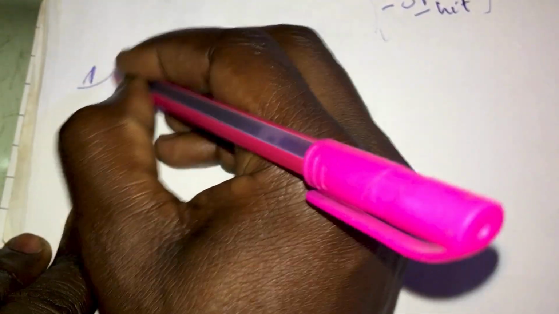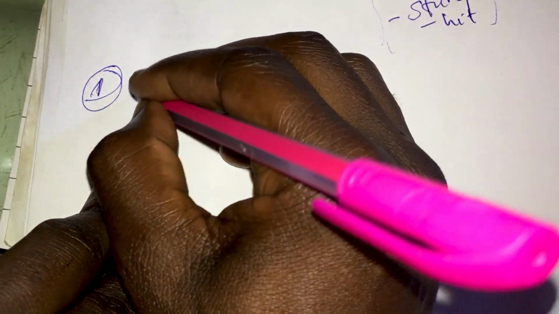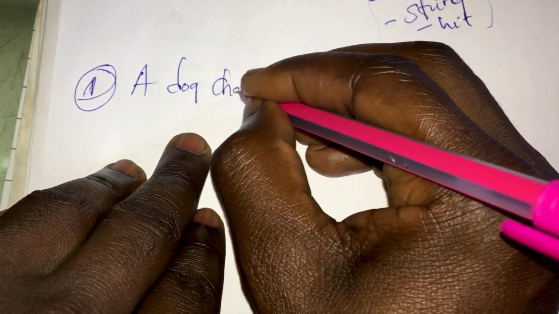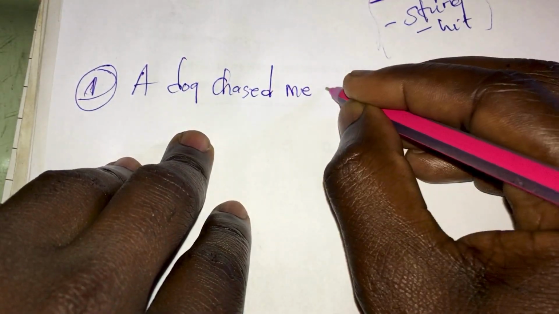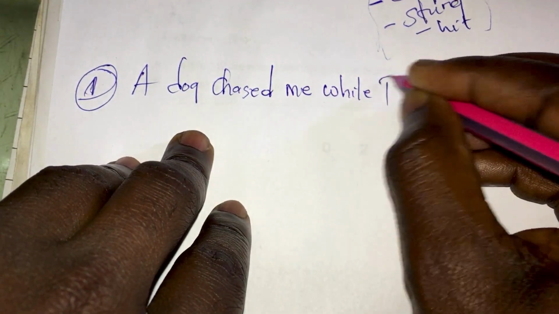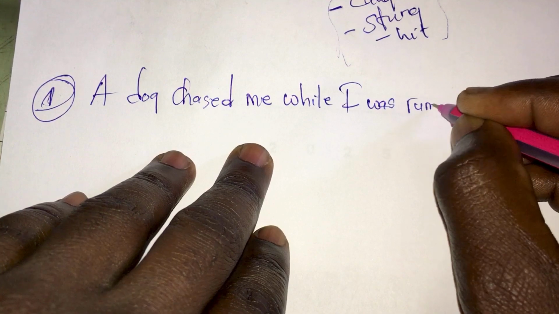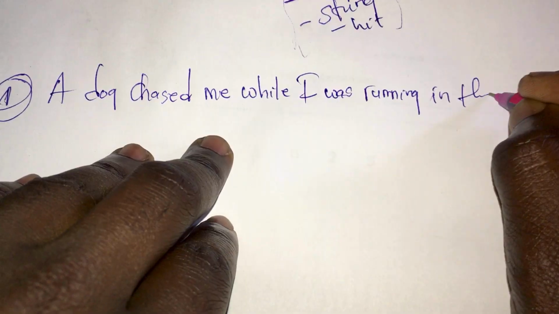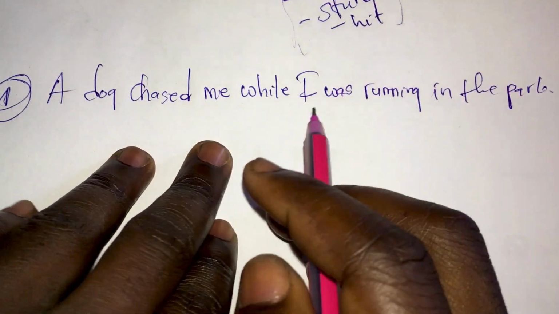Now I am giving you this one, guys. Try it out. I will be looking at your answers via the comment section. So now the question goes like this: a dog chased me while I was running in the park.